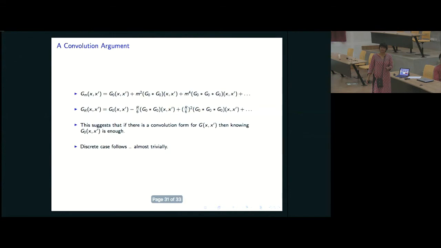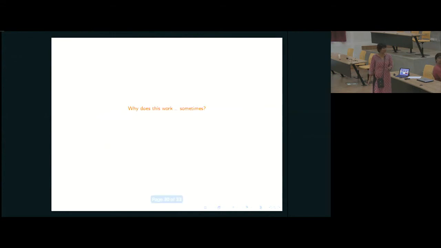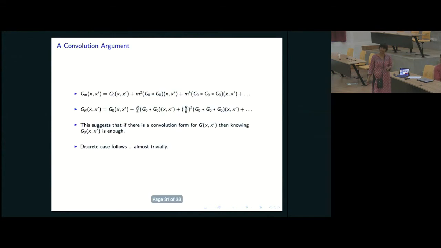So the question is, why does this work sometimes and not other times? It seems to be that in the continuum, if I go back, I realize that a lot of this construction of the path integral of this propagator is via convolution, or discrete convolution.